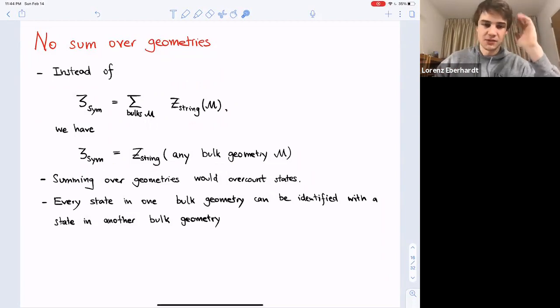It seems that if we summed over geometries, we would overcount states. That means that if you take one state in one bulk geometry, you should identify it with some state in another bulk geometry. If the partition functions are equal, then there should be a realization of every state in any bulk geometry.